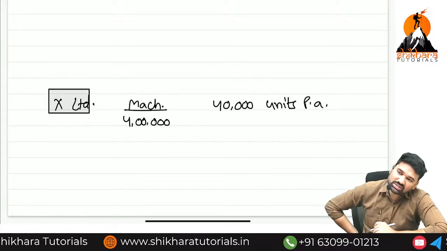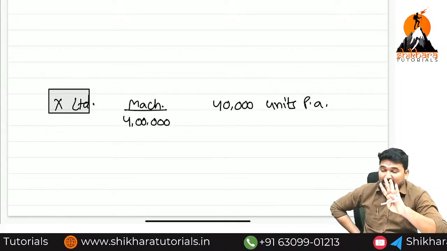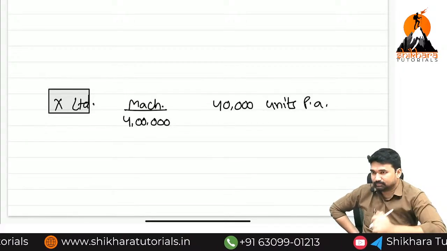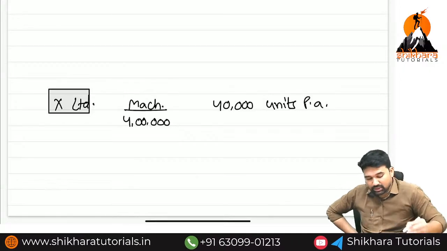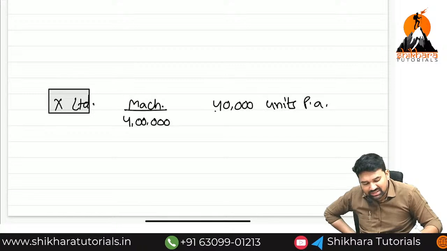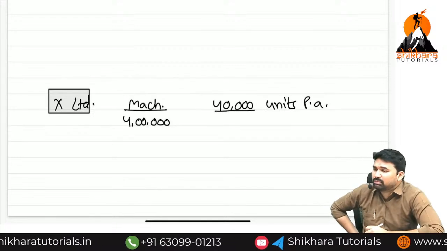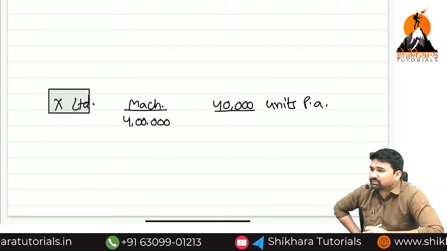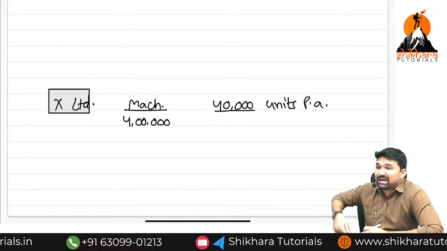How many monetary resources have we spent on the machine? 4 lakh worth of resources. So what is our intended production plan with the machine? We intended to produce 40,000 units per annum.